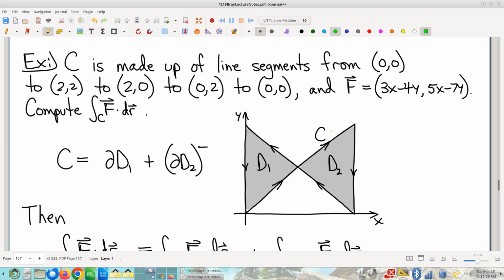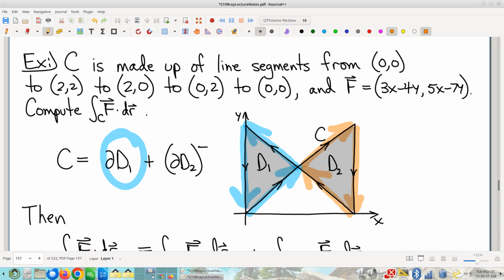So here's the slick move. The clever idea is to take this path oriented as indicated and rewrite it as this, which is a boundary, and then plus this that I have here in orange, which, well, is not a boundary. The orientation's wrong. If I say it's the boundary of D2, I'm wrong because of the orientation.